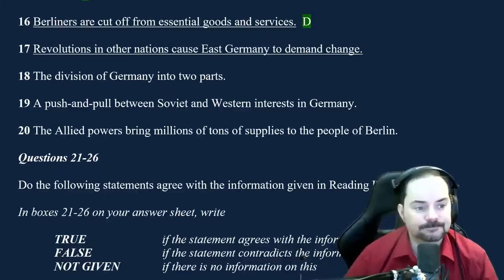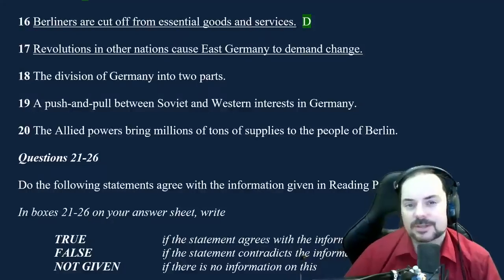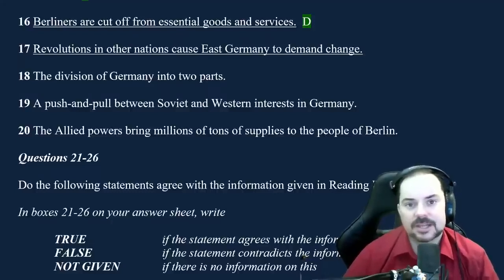Question number 17, right? Yeah. Okay. So it says revolutions in other nations caused East Germany to demand change. So where do you think this is in the passage? First third, second third, or the last third?